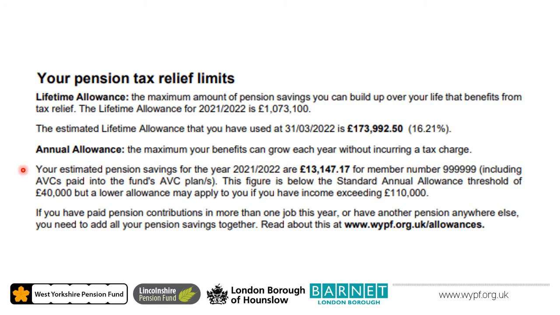If we believe that you have exceeded the lifetime or annual allowance or are getting close to that, in a single employment with us, we will write to you and tell you about that so you can consider your options. But do bear in mind, if you have multiple employments or old pension rights, we don't necessarily know about them, so we can only give you the information that refers to our scheme.